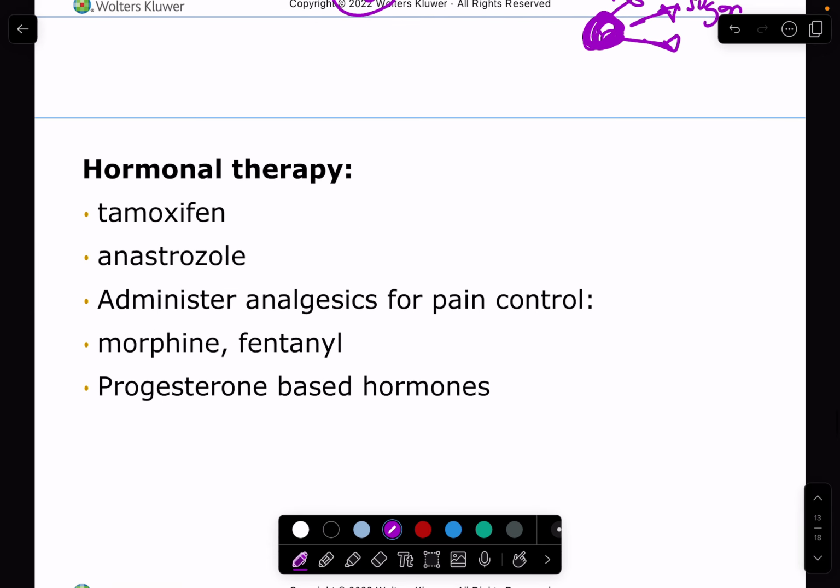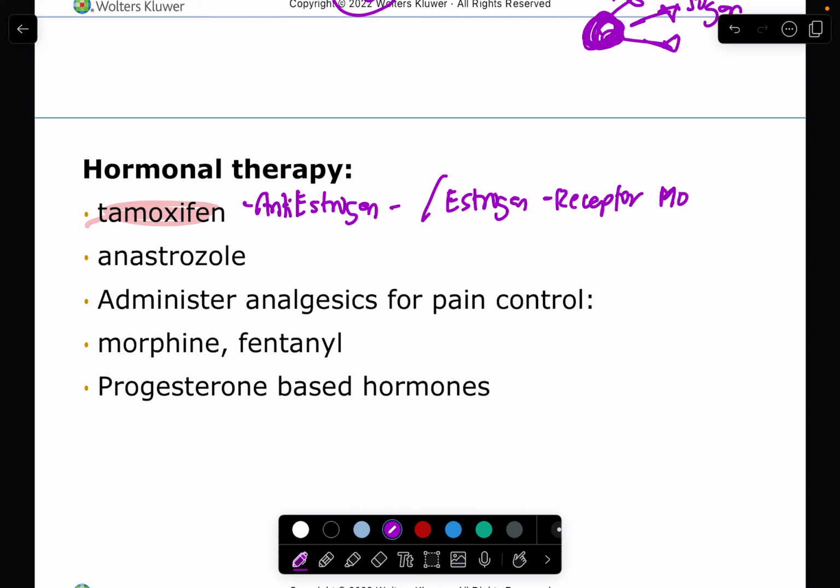Okay? And hormonal therapy is tamoxifen. Now, we have already mentioned this a while ago. No, tamoxifen is a type of anti-estrogen and estrogen receptor modulator. Okay?